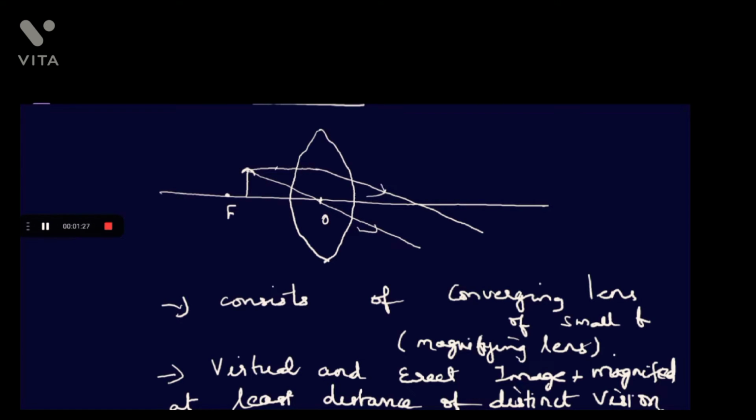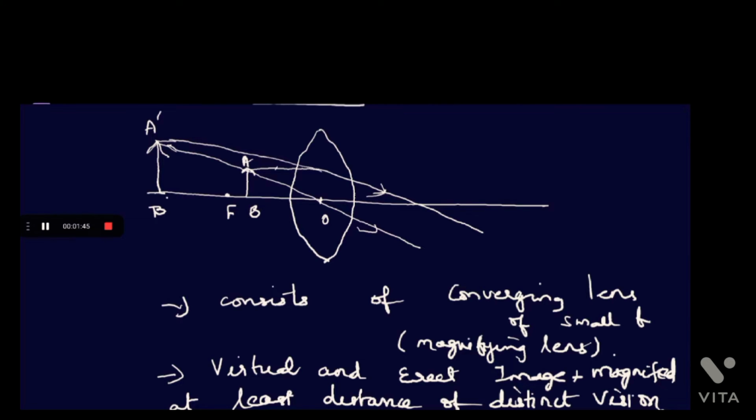Both will not converge after refraction, so they will appear to converge on the same side as the object, right? So this is your object AB, and this is your image A dash B dash. The object is magnified, and a virtual and erect image is formed. And as you know well, the eye is held closer to the lens.